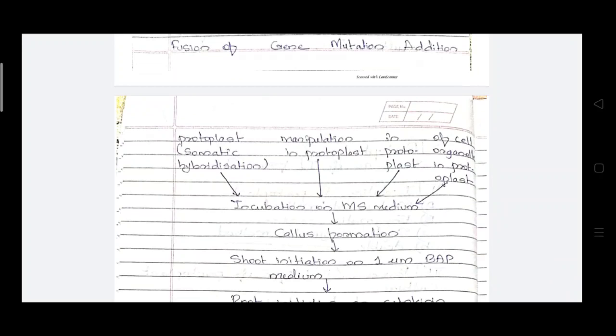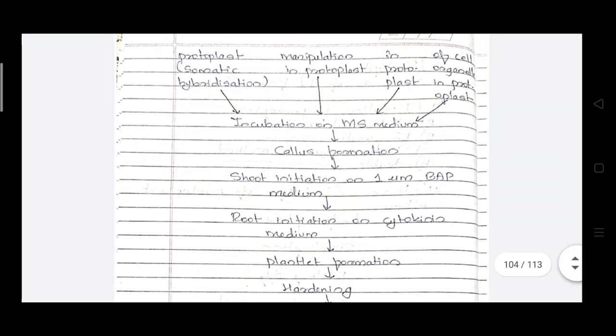We transfer these protoplasts onto the MS medium. Then it is kept for incubation. Then callus will be formed on that material. For shoot initiation or shoot formation from the callus, we add BAP to the medium.